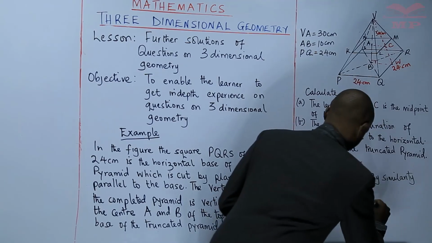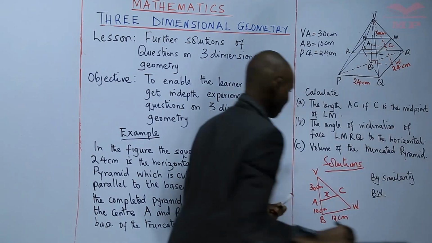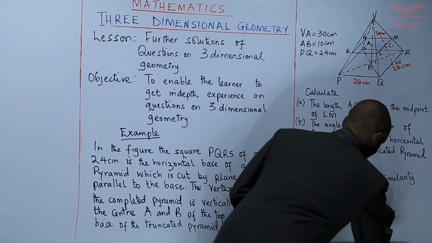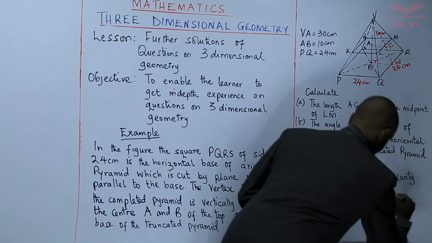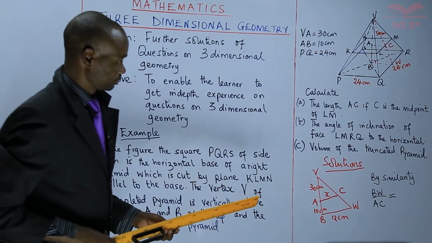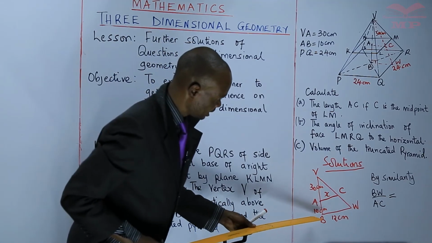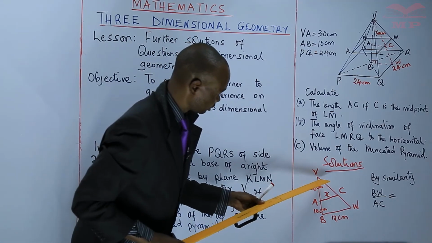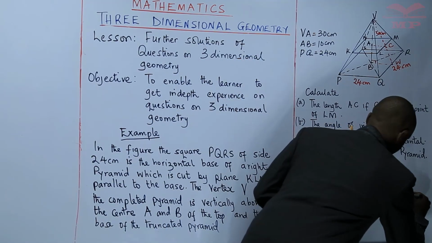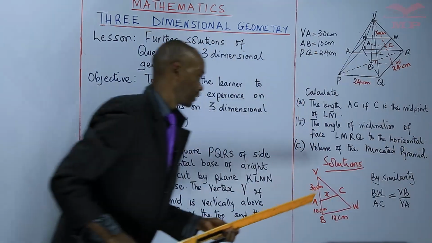By similarity, BW divided by AC would be equal to, I started with the BW, the bigger one, VB over VA.